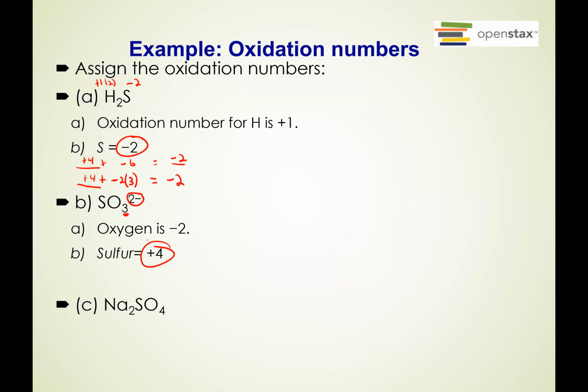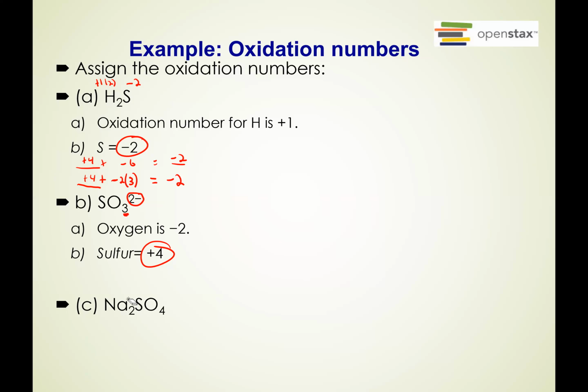So again, what are the rules we know? Group 1, +1. Group 2, +2. Fluorine, -1. Then we go to the usuallys. Oxygen, usually -2. Hydrogen, usually +1. Okay, so when we look at this one, let's try this one now. Okay, so what rule do we have for sodium? What group is sodium?